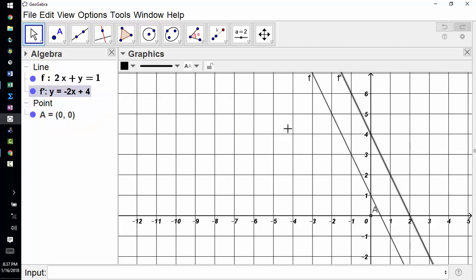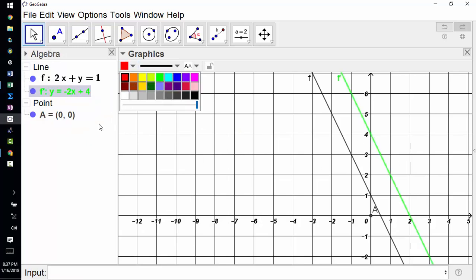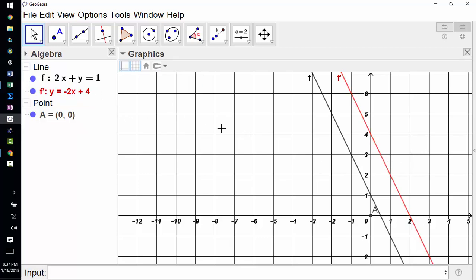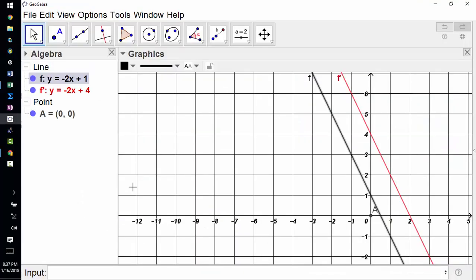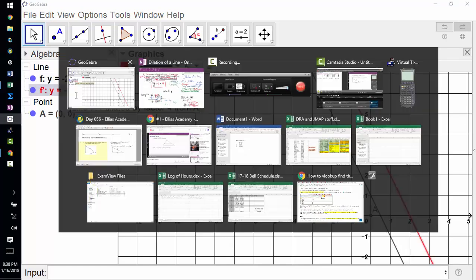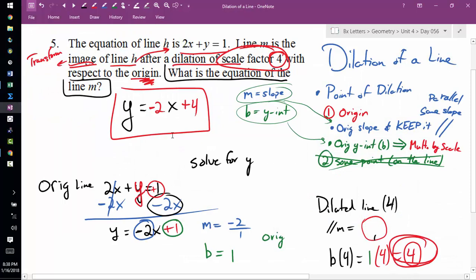Yeah, there we go. Good. And I'll color that green just so you can see the difference. Red, here was our original line, y equals negative 2x plus 1, which is what we solved for down here. You can see that has a y-intercept of 1 and a slope of down 2 and to the right 1, that negative 2. Our dilated line is represented by the equation y equals negative 2x plus 4, which is what we said the answer is.